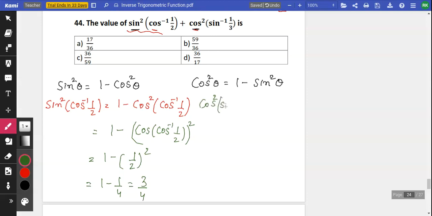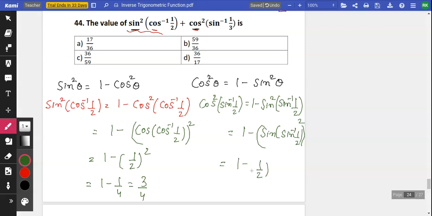Cos square of sine inverse 1 by 3 is equal to 1 minus sine square of sine inverse 1 by 3. It becomes 1 minus (1 by 3) square.